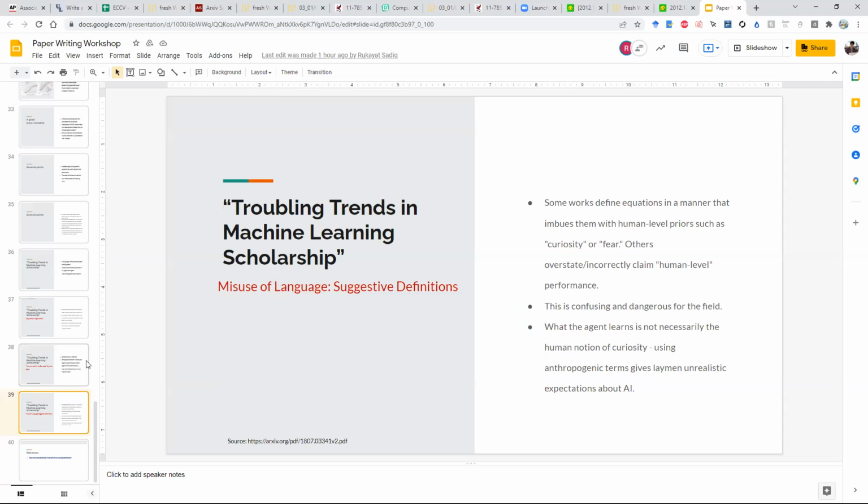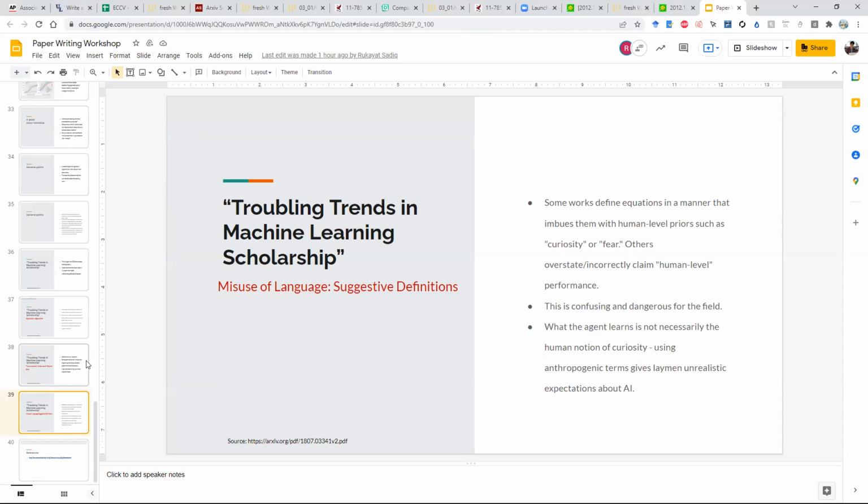Misuse of language. So this is probably another level of meta on top of just writing papers. But some works define equations or ideas in a manner that imbues them with human level priors such as curiosity or fear. What I mean by that is in RL, I guess I'm pointing out a specific example, but this did have a lot of discussion online and in person.